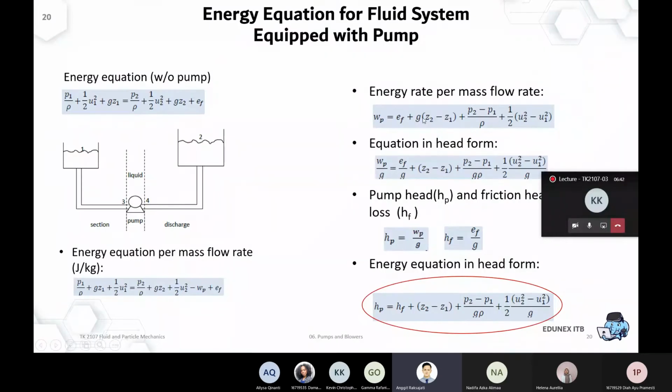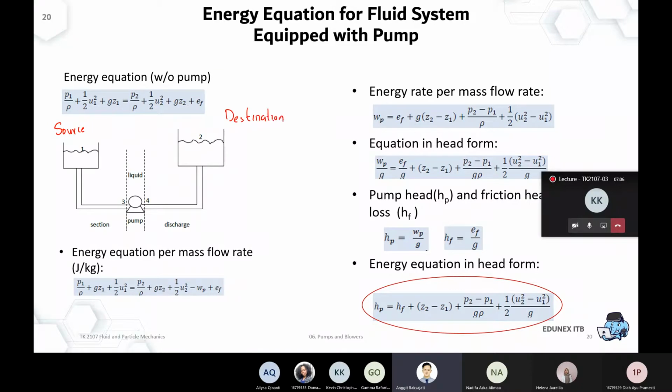Okay, so again, we go back to the main equation that will be used for the pump calculation, which is the energy equation, or Bernoulli. Previously you already learned with Pak Wawan when we have two different points, let's say this is the source and this is the destination.